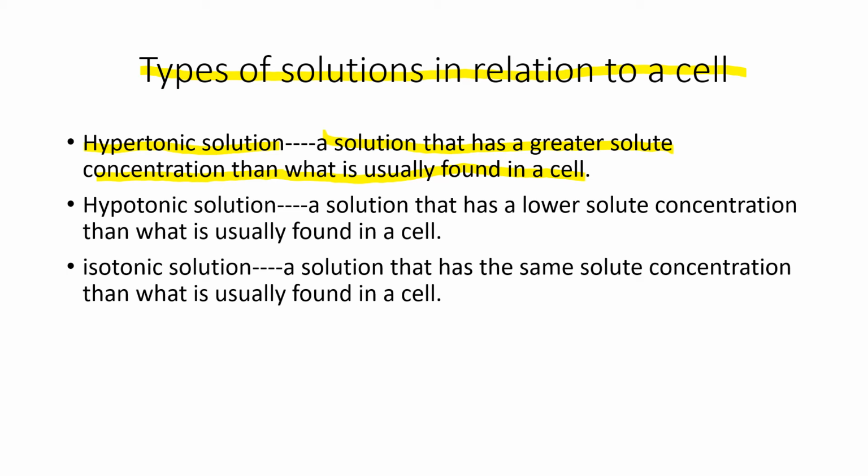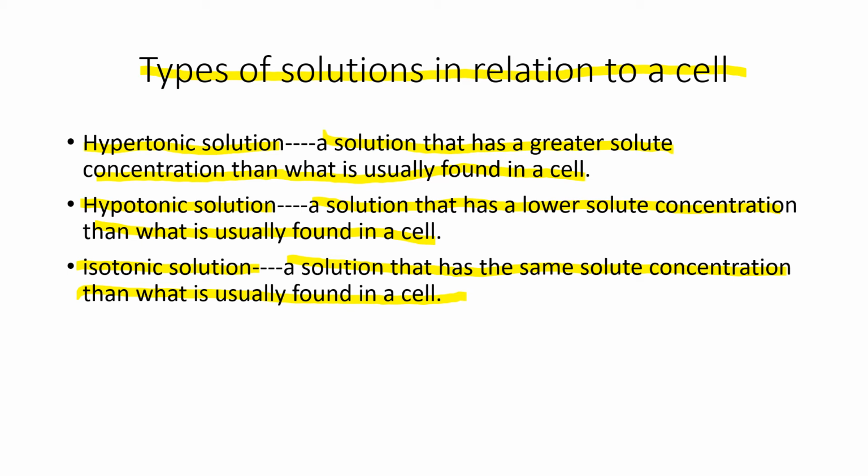The exact opposite would be called a hypotonic solution. Here, the solution has a lower solute concentration than what you would typically find inside of a cell. You also have what's called an isotonic solution. In an isotonic solution, that solution has the same solute concentration as what you would usually find within a cell.